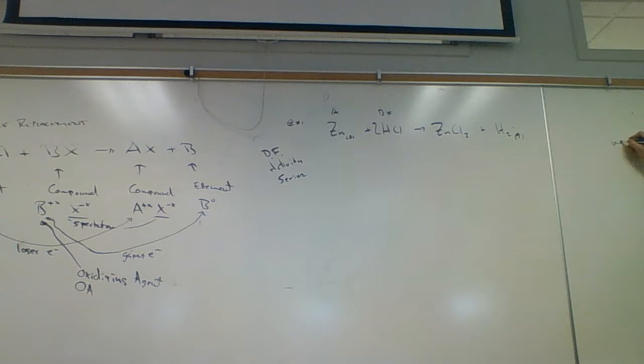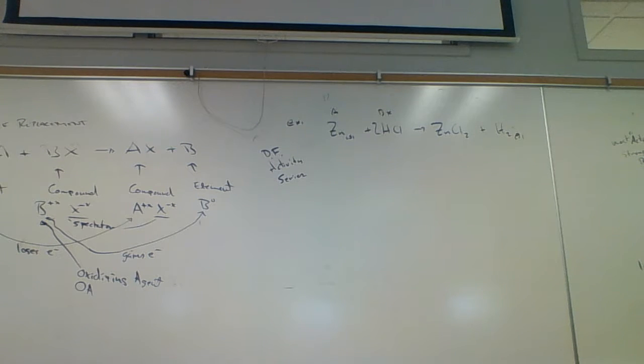This is the most active, and it's active in terms of just reducing agent strength. And so the most active, strongest reducing agent, that's lithium. At the bottom of this list, we're going to have fluoride. This is the least active, and so it's the worst reducing agent, or weakest reducing agent.